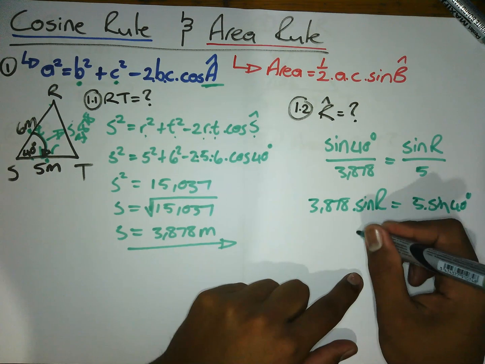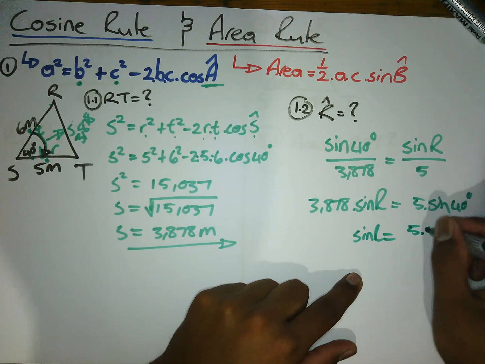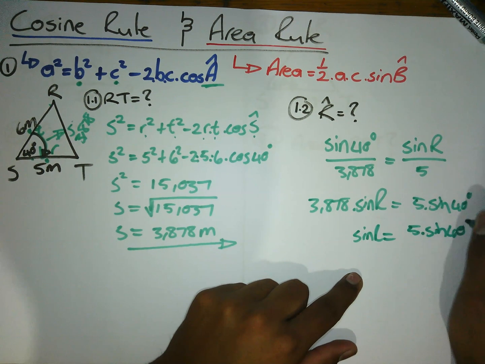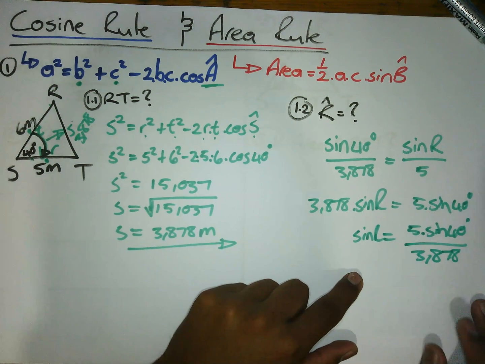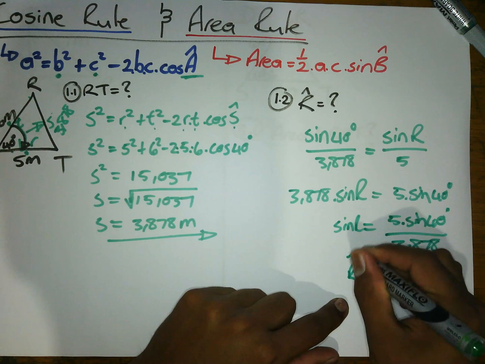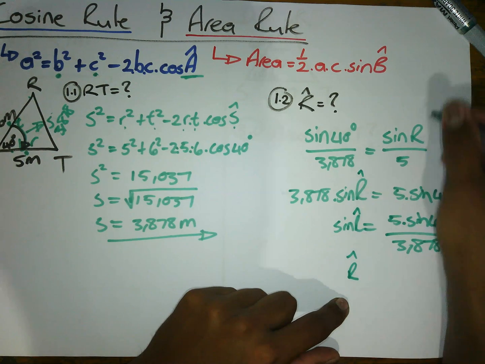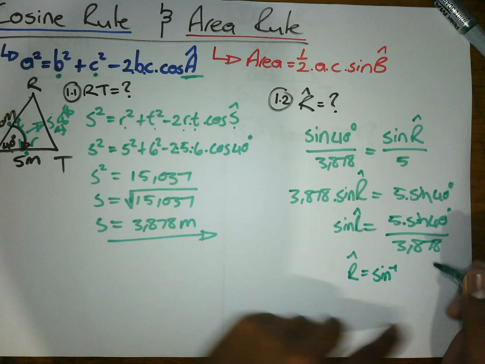Then to get my sin R, I divide, and then to get my angle R, I say sine second function.